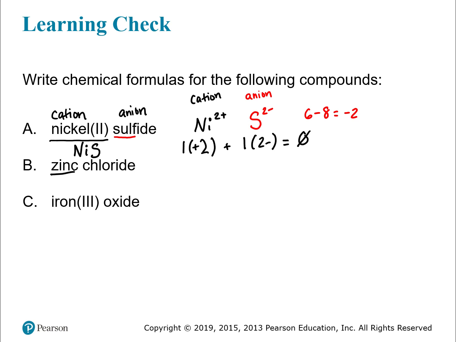So again, the first word is zinc. That's our cation. Zinc is a transition metal, but it's one of our exceptions. It only forms 1 ion. So whenever I see zinc, I think zinc 2+.